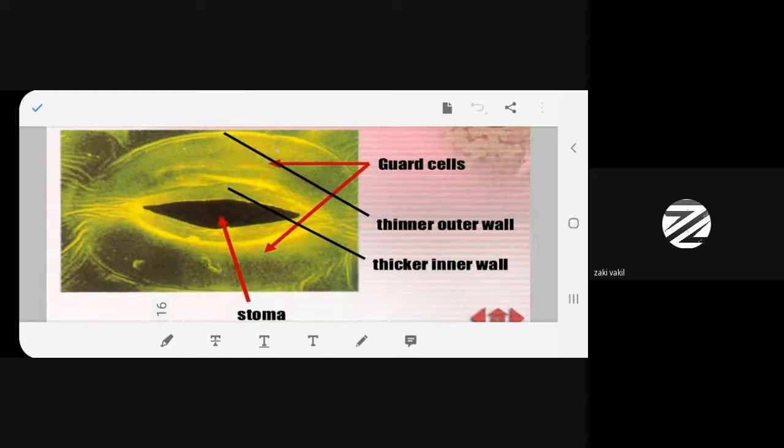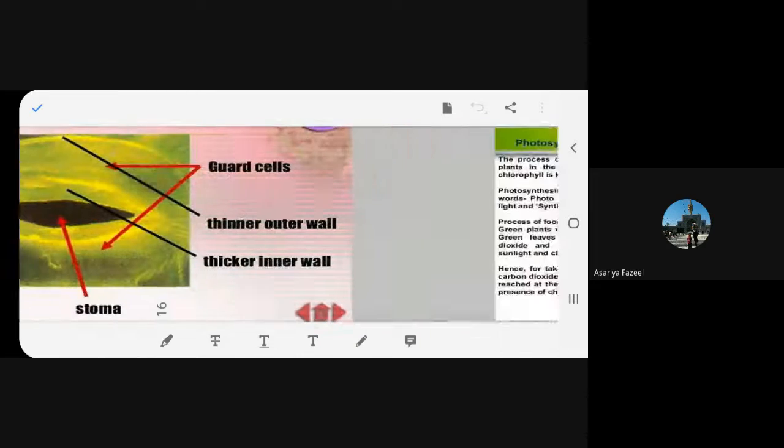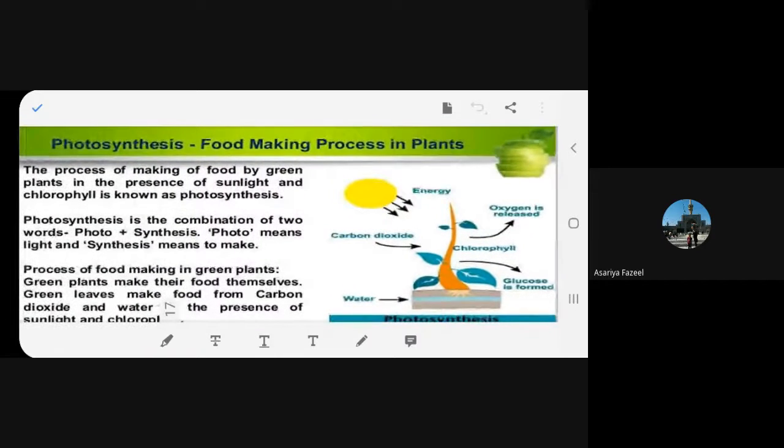Can you see this? The black portion is the stoma, and these are guard cells. Boys, are you getting my point? Yes. Now we will have photosynthesis. Read.